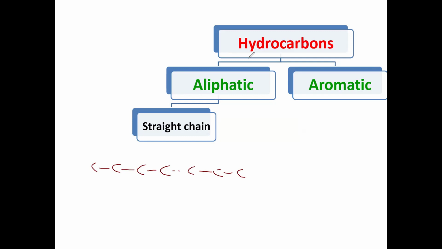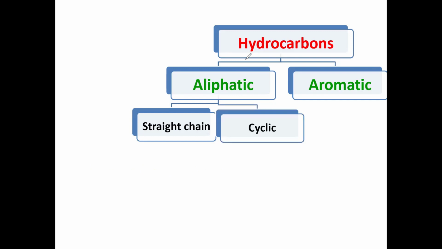And then apart from this, we also have cyclic. When we say cyclic, it means that those compounds are in cyclic form, something like this. They are in closed chain.